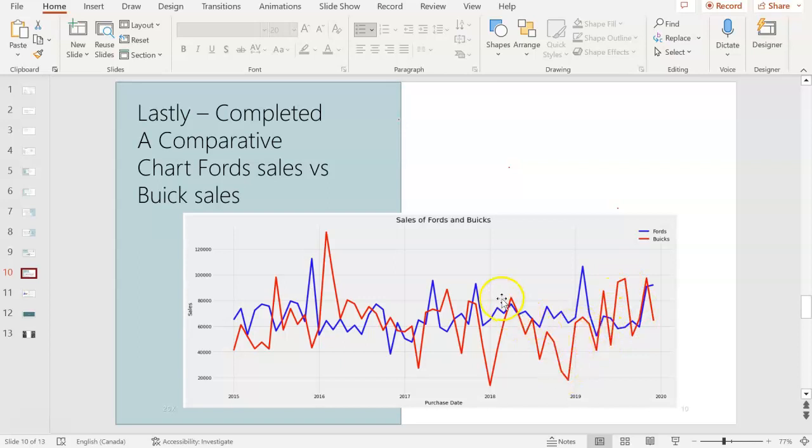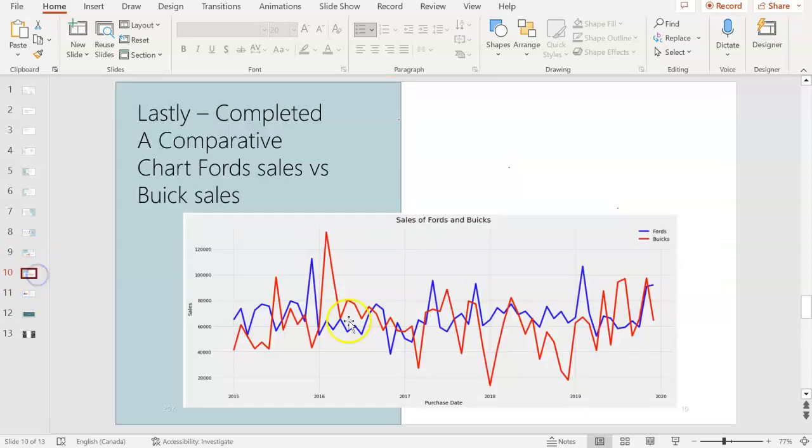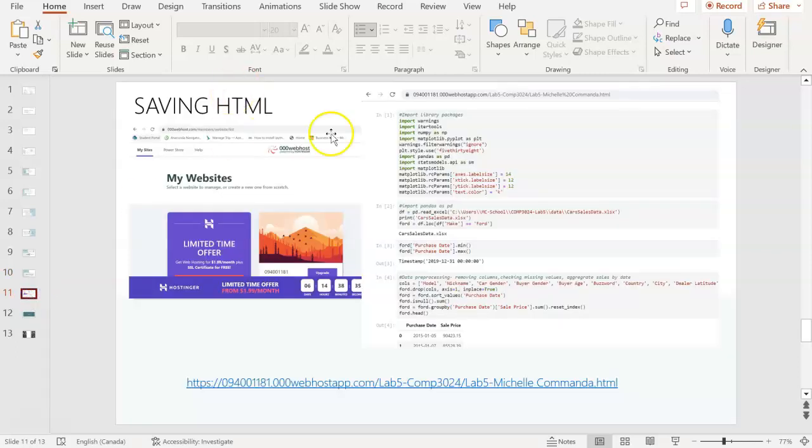There's no real closeness to it. It's just all over the place. I guess it depends who's buying at the time, either Ford buyers or Buick buyers, or whenever they had sales, because a lot of people do wait for sales when buying a car, whether it's low interest or deals off the price.